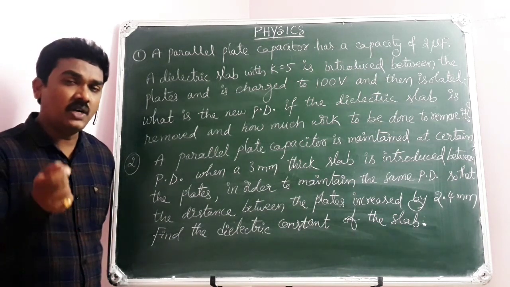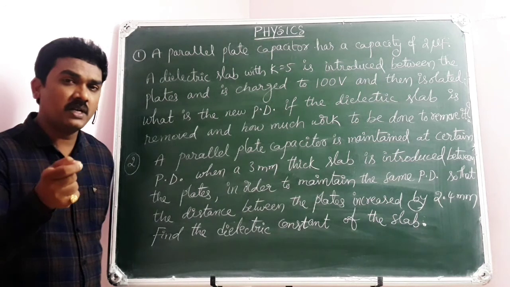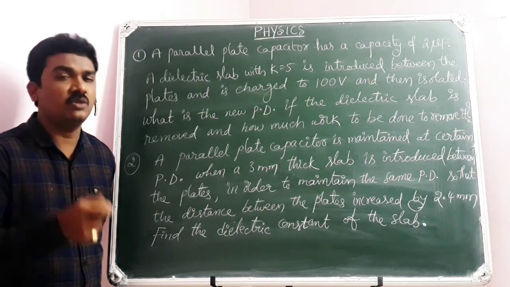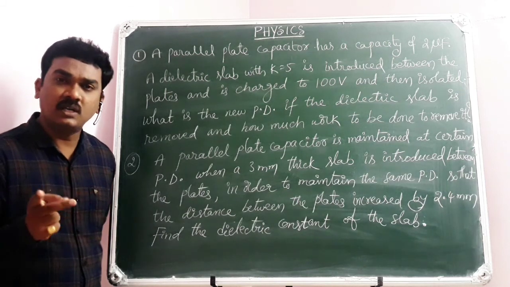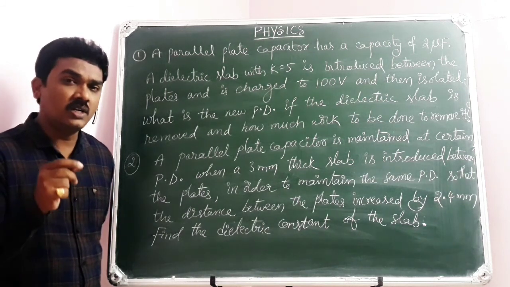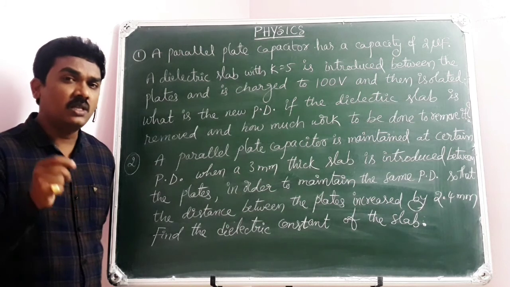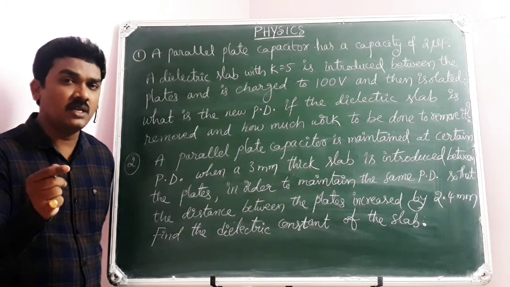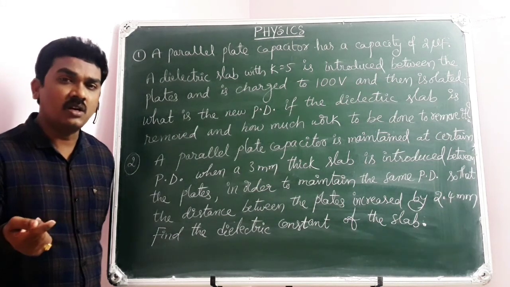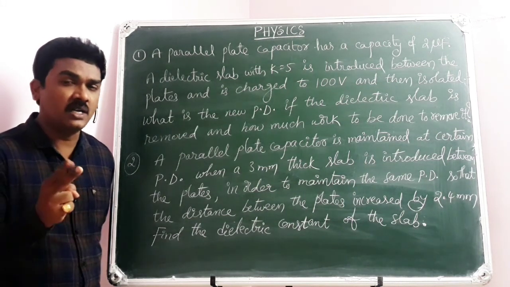If the dielectric material is placed between the plates of an isolated charged capacitor, meaning after charging the capacitor we have disconnected the battery, we call it an isolated charged capacitor, then the charge on the plates remains the same, since further charge cannot be provided by the battery as the battery is disconnected.